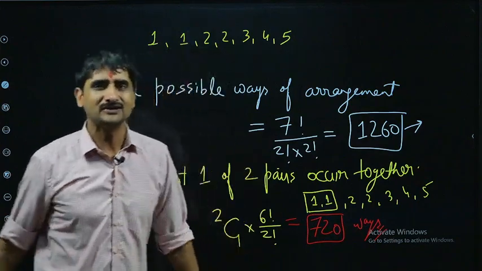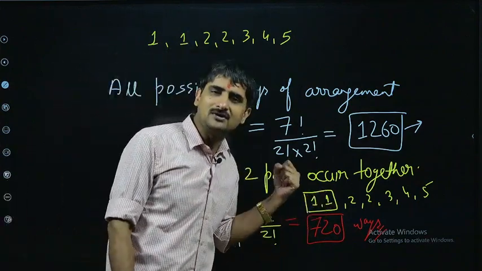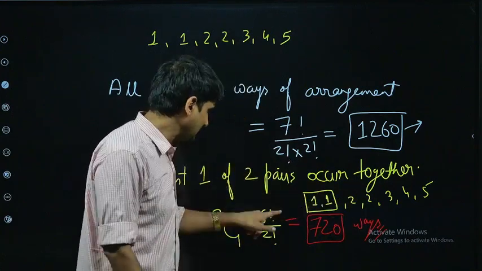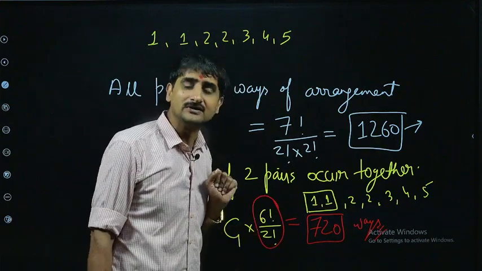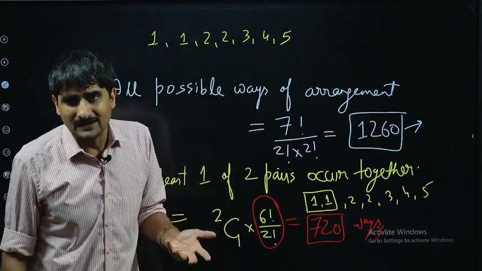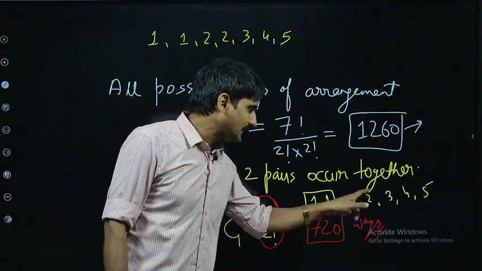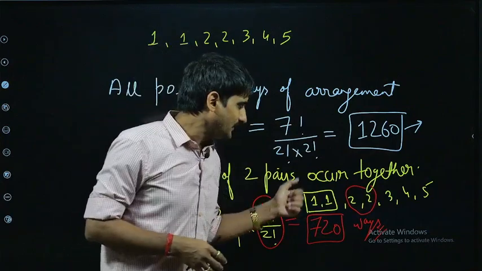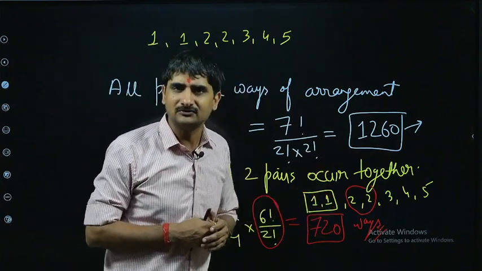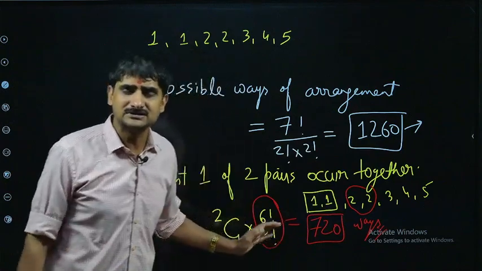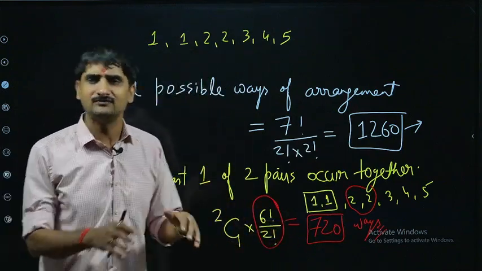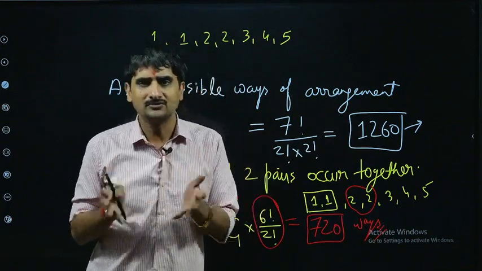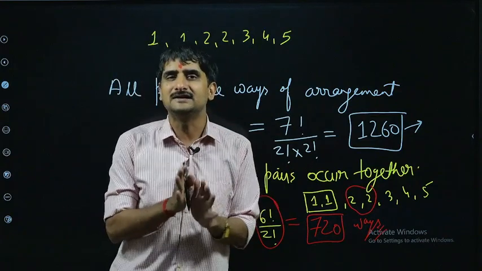Because when I put 1 1 in a box, it may happen that 2 2 occur together when we are arranging it in 6 factorial by 2 factorial ways. And then out of the 2C1 ways, we might be selecting 2 2 and putting them in a box, and then 1 1 will be separated outside. Then we arrange them in 6 factorial by 2 factorial ways. That will again include those cases when 1 and 1 also appear together, and 2 and 2 are already together. So they are being repeated.